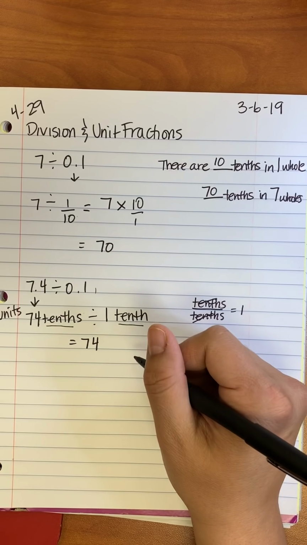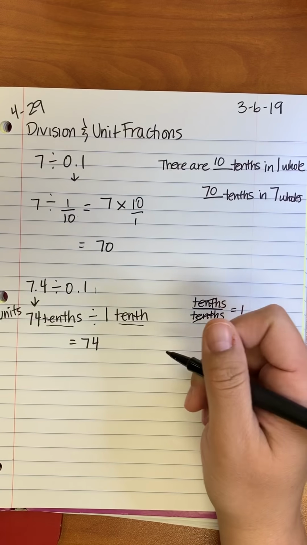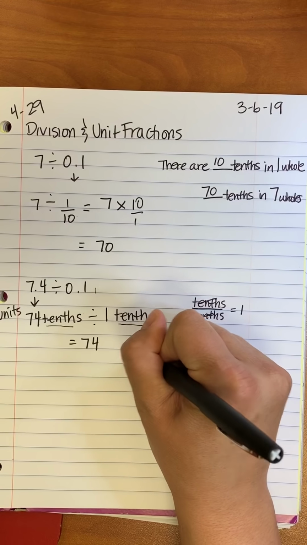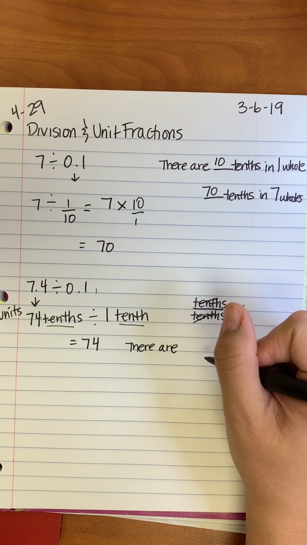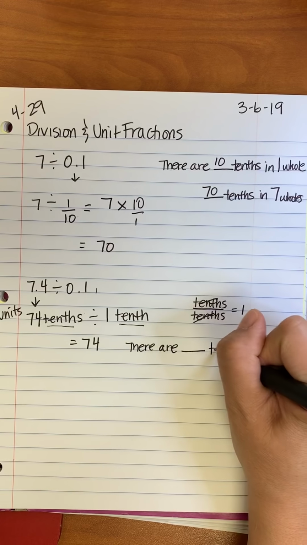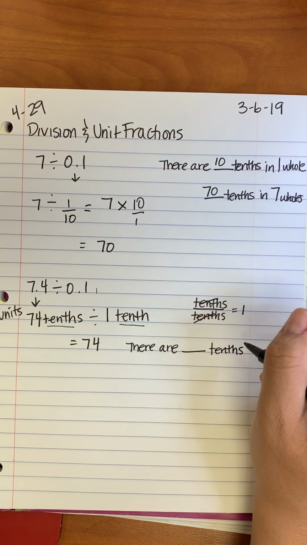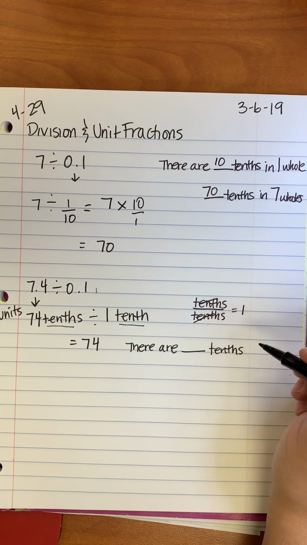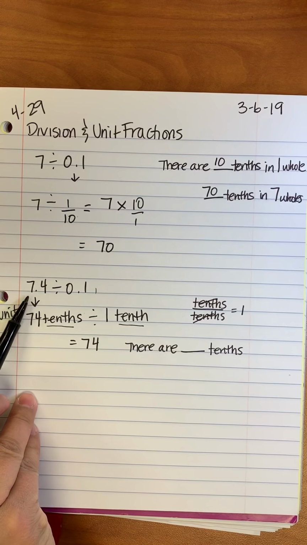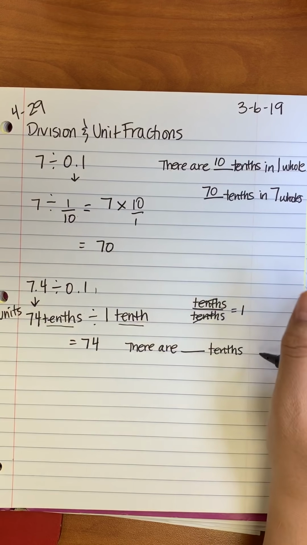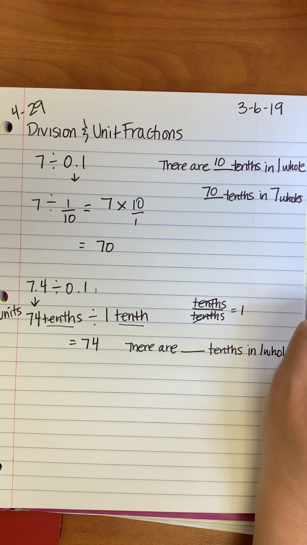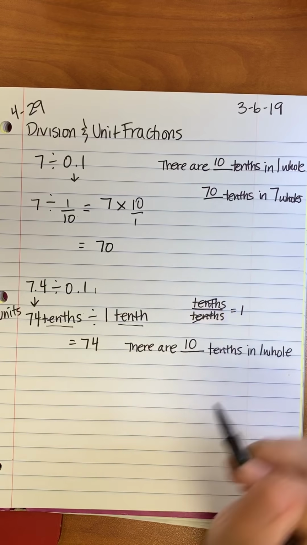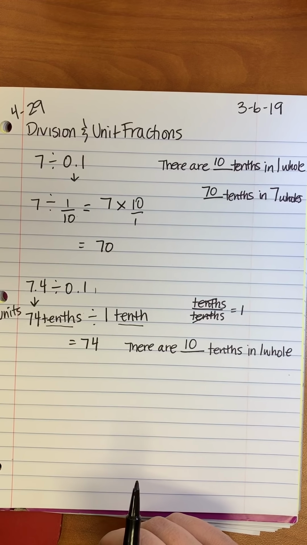If we look at it in terms of these statements here, there are how many tenths in, so we're going to look at this fraction here. So how many tenths, well, okay, in one whole. All right, so we know there's 10 tenths in one whole.